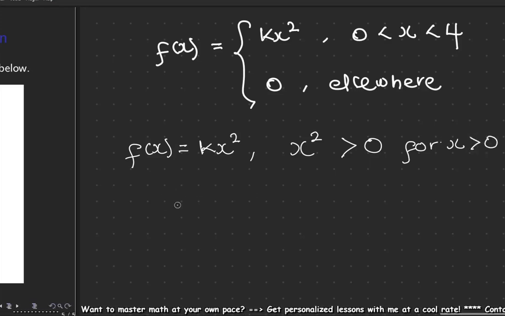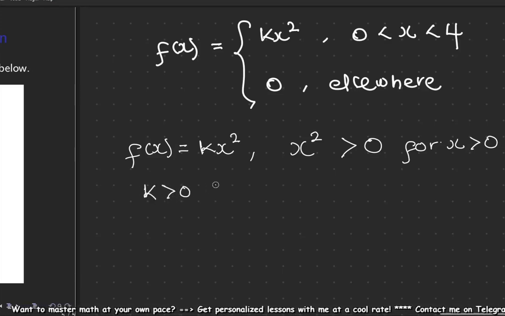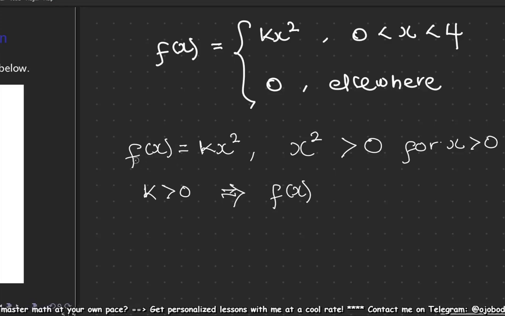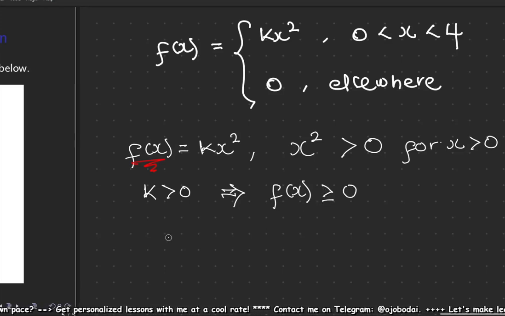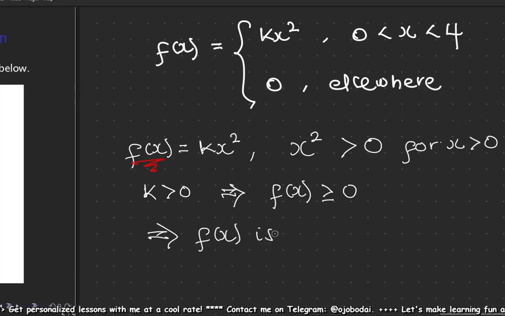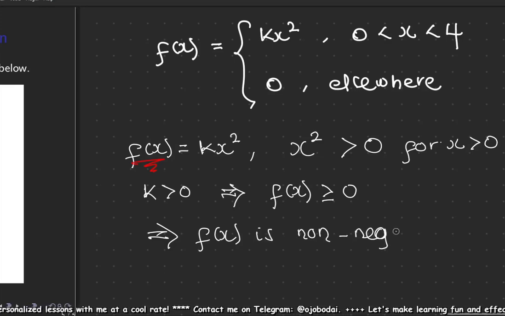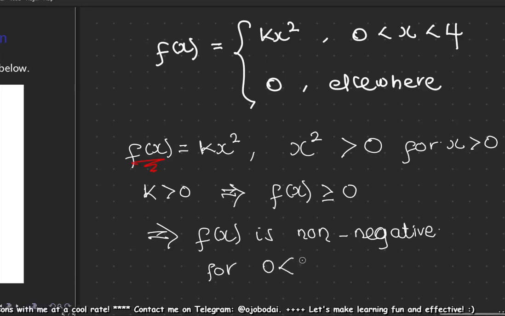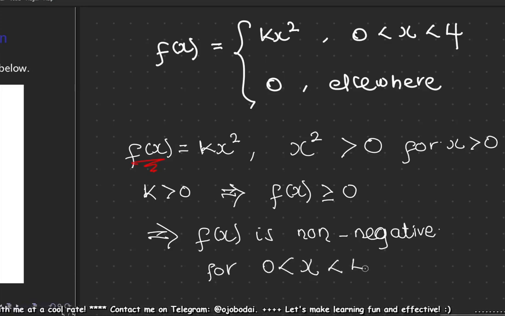Hence this implies that if we get a k that is also greater than 0, then our f of x is also going to be greater than 0. Hence we can say that the function f of x is non-negative for 0 less than x less than 4.